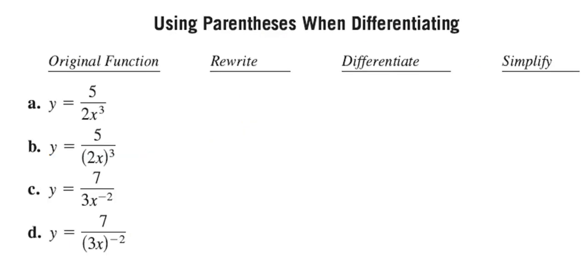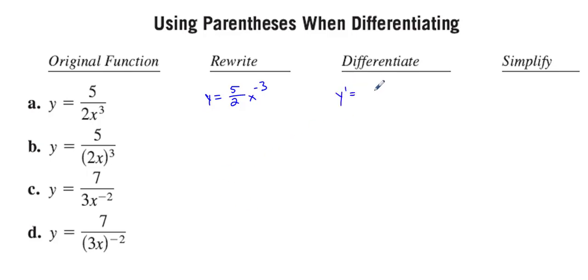Last little examples. Rewrite using parentheses. Now, be careful when you're rewriting these. Sometimes you got to simplify first. Sometimes you don't. Just be careful. Rewrite, I would say y equals 5 over 2x to the negative third power, I think. Differentiate.